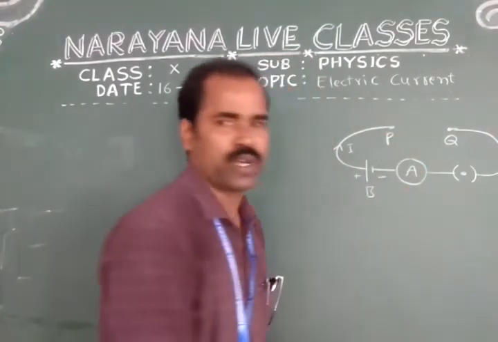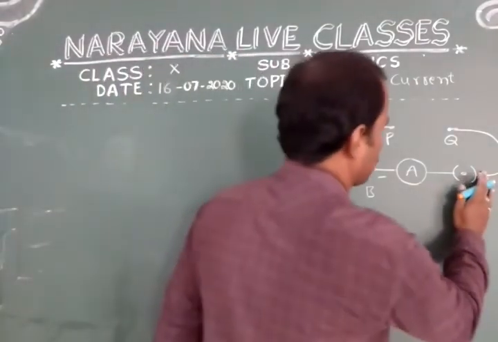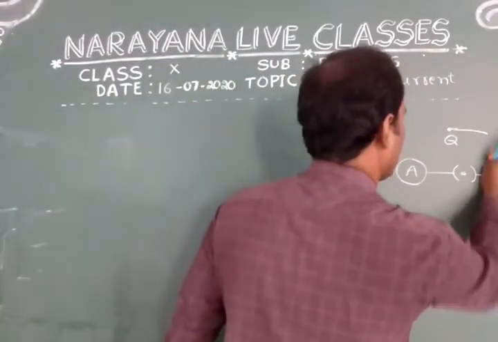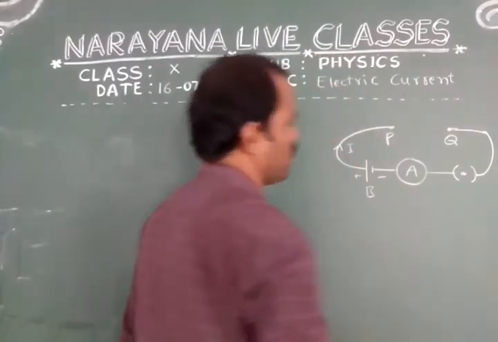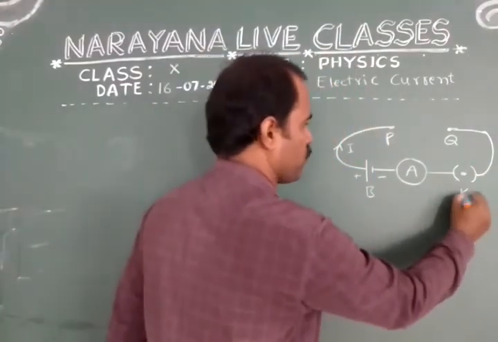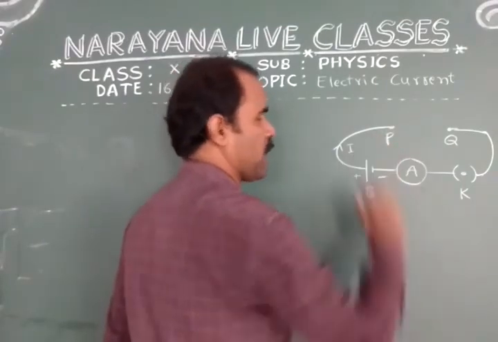First you have to connect the circuit diagram according to our requirement: plug key, ammeter, battery, and a gap.